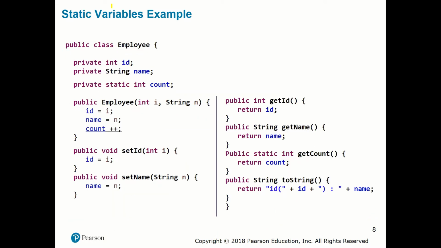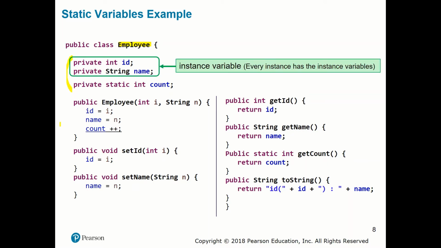I will show some important things here. This is the Employee class. It has 3 members. Here, ID and name are instance variables, right? Because there is no static keyword. So they are instance variables. Every object will have ID and name. And count is static, so it is a class variable.